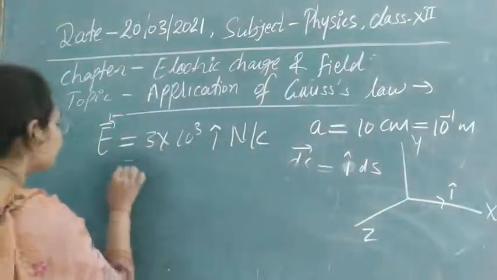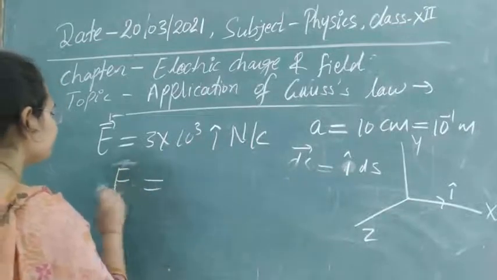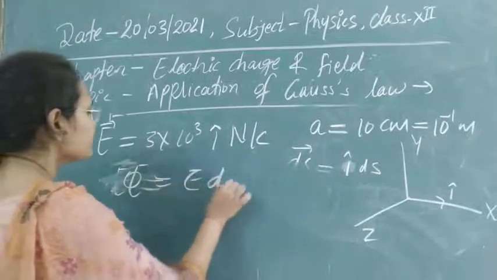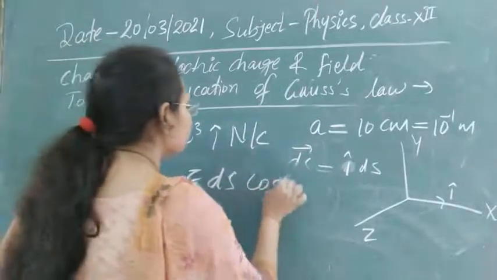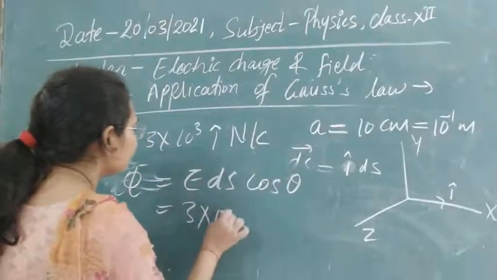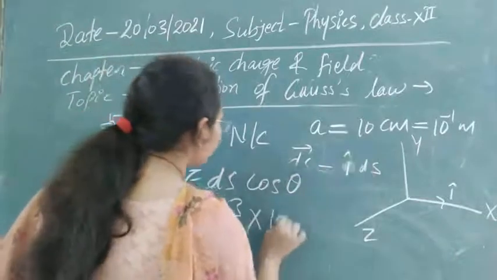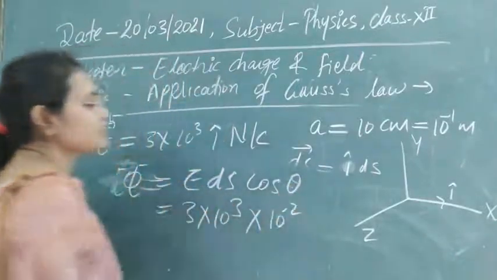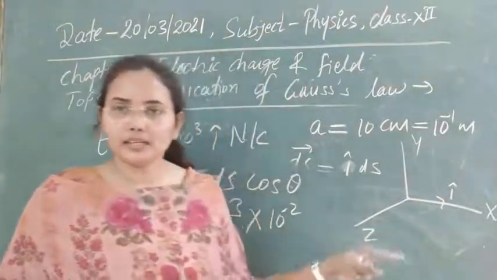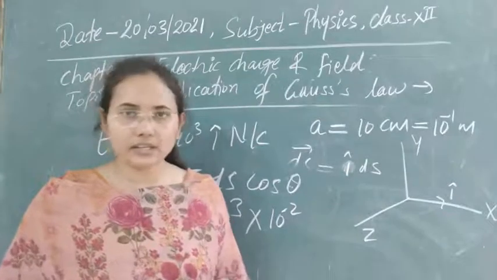So the angle between these two, the normal making an angle of 60 degrees with the x-axis, is given. In this case phi is equal to E ds cos theta, where the magnitude of E is 3 into 10 power 3, ds is 10 power minus 2, and theta is 60 degrees.